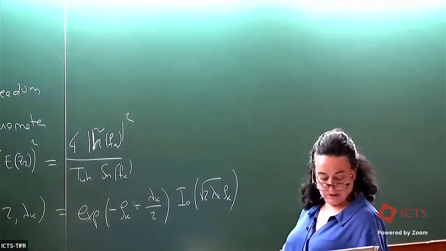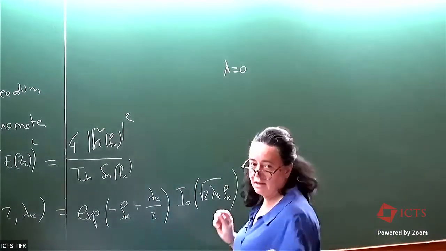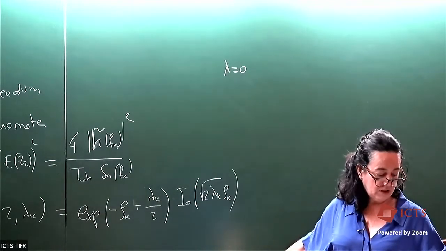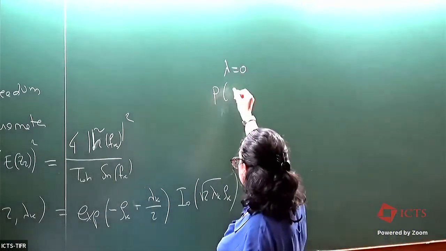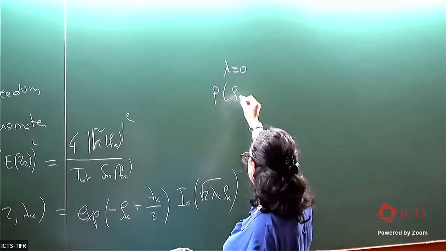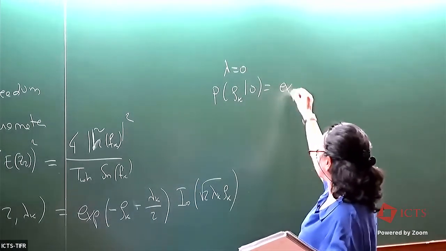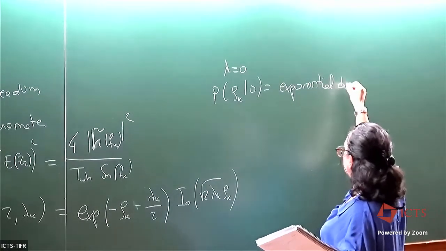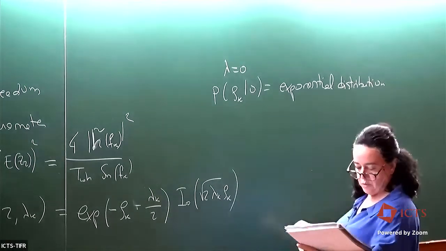So from here, what is important is that when I have no signal in the data, my non-centrality parameter is going to be 0, and basically this distribution is simply the exponential distribution.